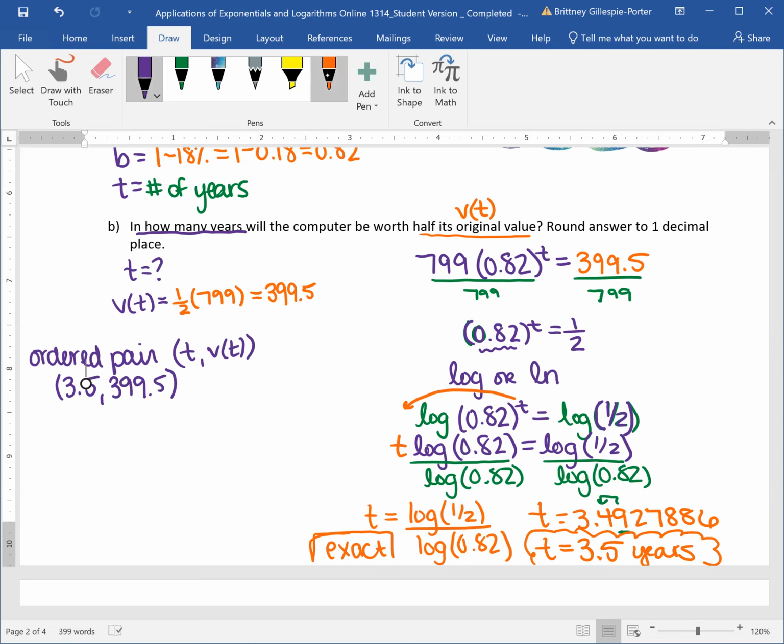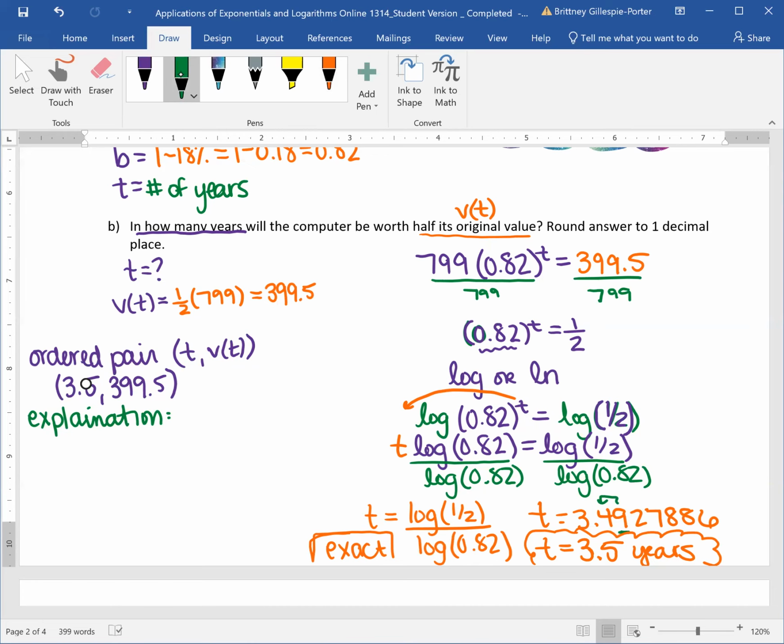If you're asked for an explanation sentence, you can explain this pretty much however you want, but there are a couple of things that you have to include. First, you have to include that we have 3.5 years. And then you have to include that the phone will be worth $399.50.